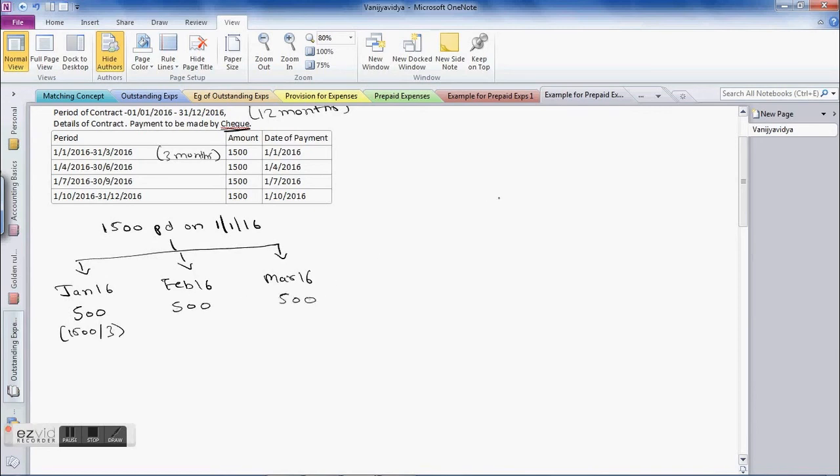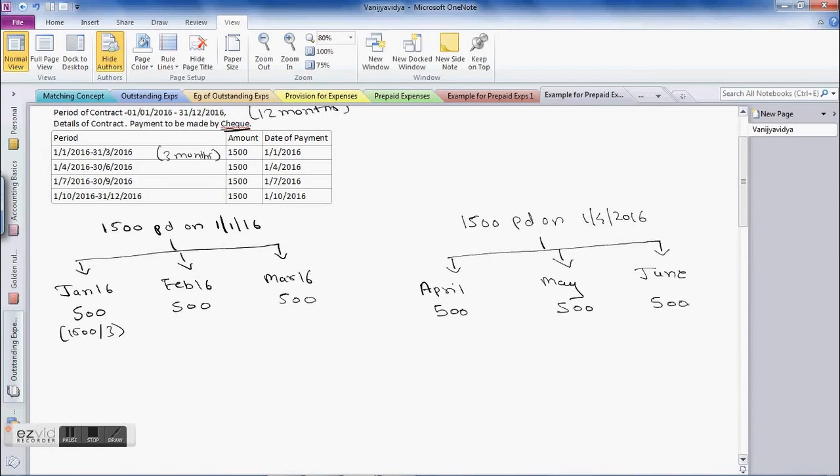Correct? 500. Now the next is 1500, second installment, paid on 1/4/2016. Now this is for how many months? This is for the month of April, May, June. And how much is the amount? 1500 divided by 3, that is 500, 500, 500.